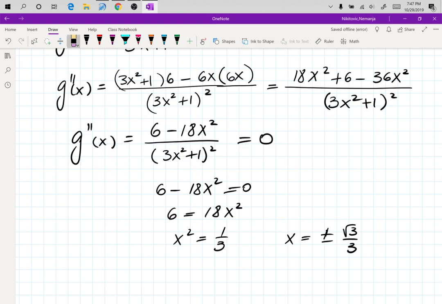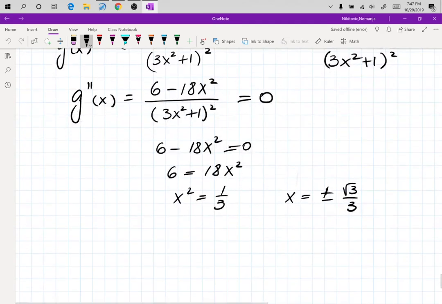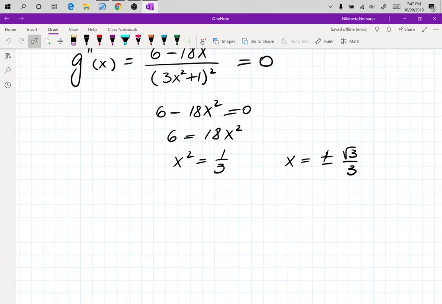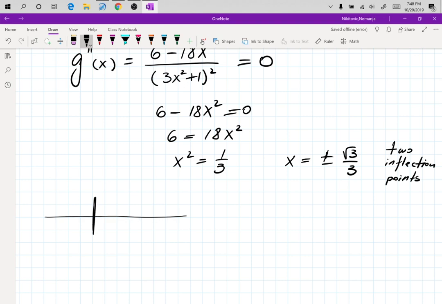Don't forget the plus minus when you square root both sides. Awesome. I have 2 inflection points, and those 2 are, again, negative root 3 over 3 and positive root 3 over 3.